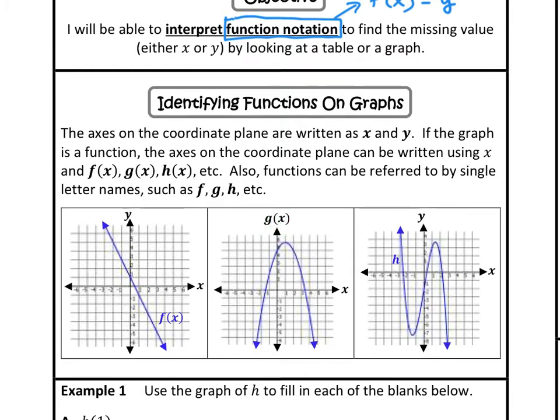This is the name of this function, okay? And then the last type of situation we might have is that they might label the axes x and y, and then they'll draw the graph, and next to the graph they have just a single letter. So this is function h. This blue one is function g. This blue line going down is function f.